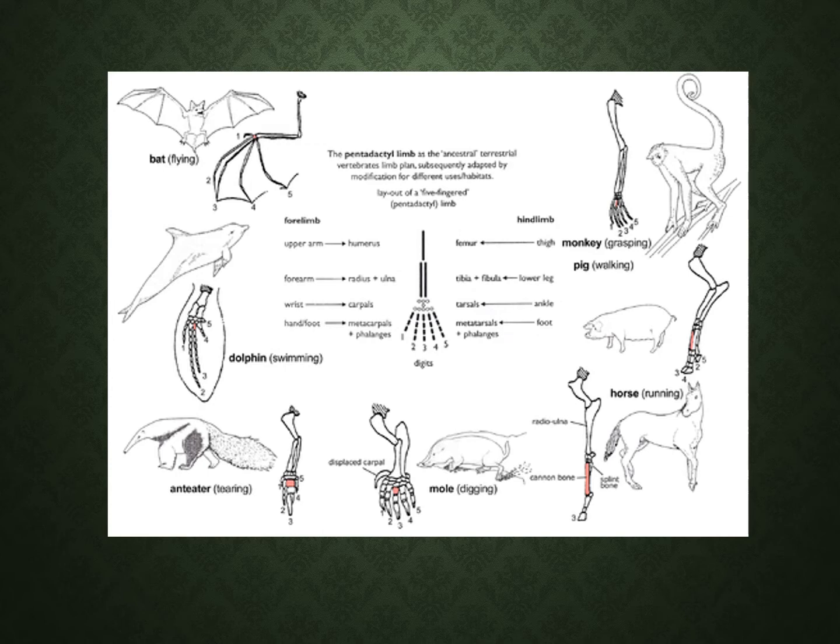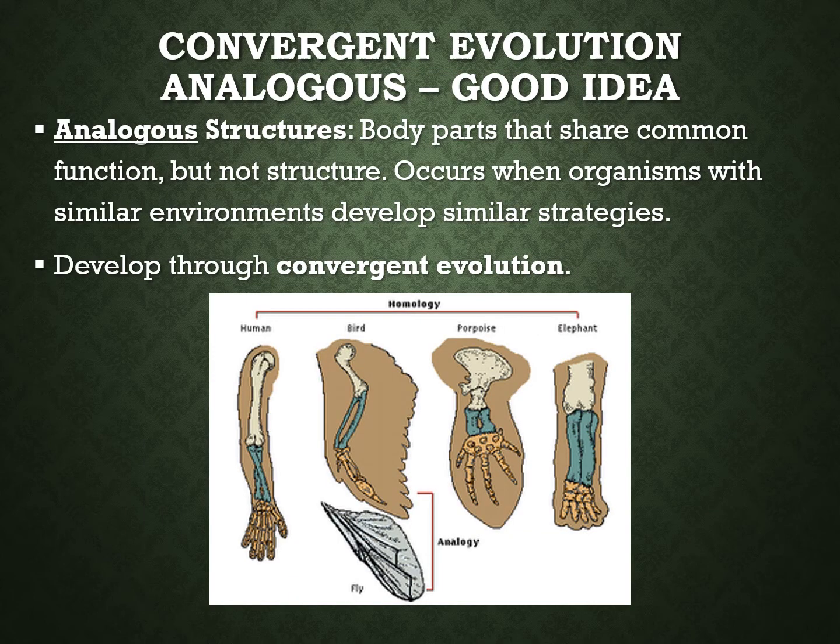So the bat wing is used for flying, right? And then the dolphin fin is for swimming. So even though they all came from that same common ancestor, and all of them are considered pentadactyl limbs, they have different functions in the animals.